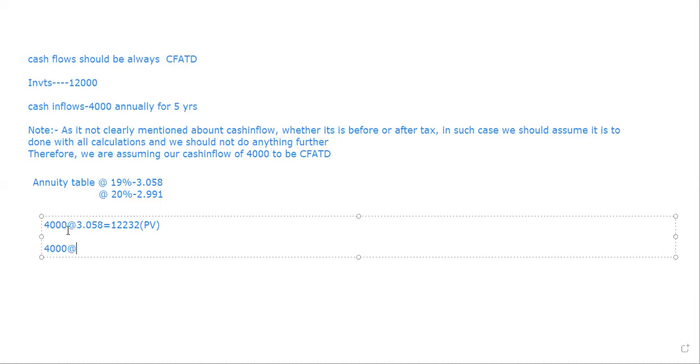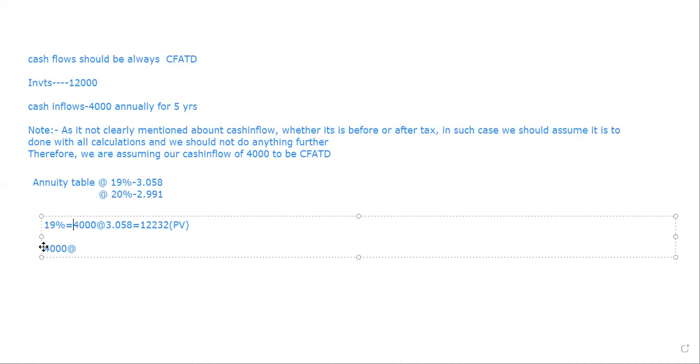These discounting factors I have done at 19%, wherein I'm getting a discounting value: 4,000 multiplied by the annuity value. So I got my present value at this rate.